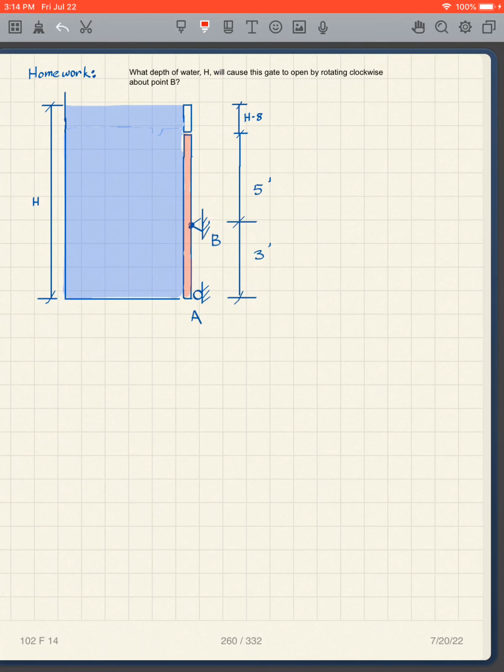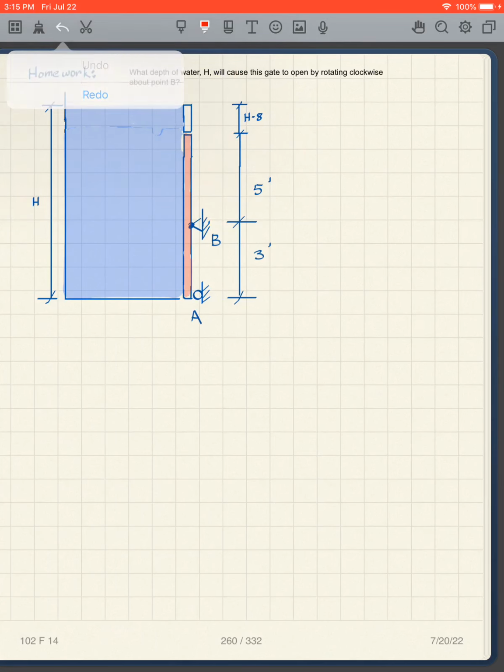This gate cannot rotate counterclockwise. It can only rotate clockwise. So the question is, at what depth of water H will it rotate?